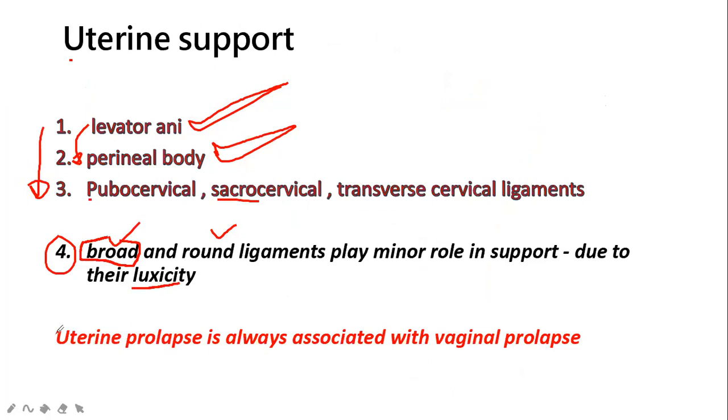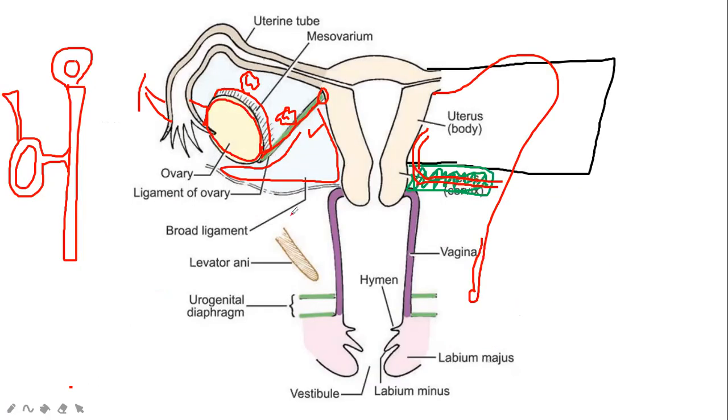And when the uterus prolapses, it is always associated with vaginal prolapse because these structures are attached. Whenever the uterus descends downwards, the vagina also descends, so the mucosa of the vagina can actually prolapse outside, and then the uterus descends.